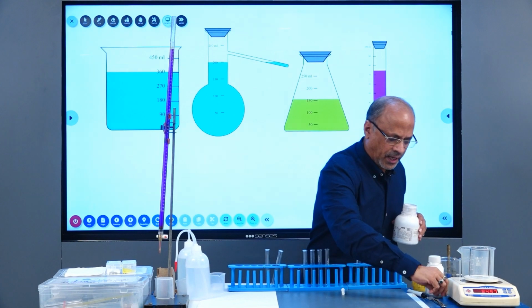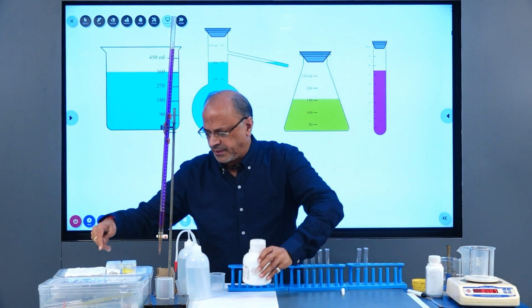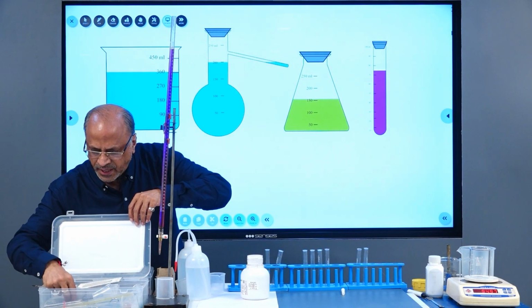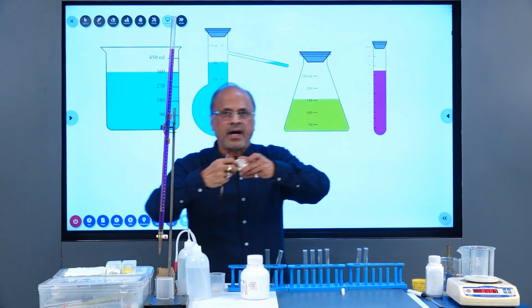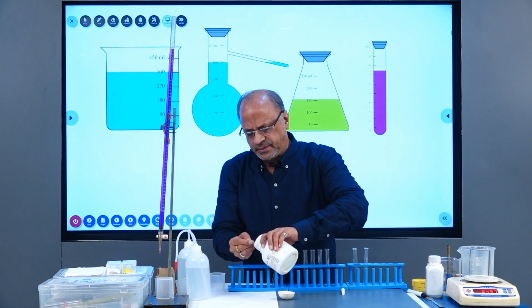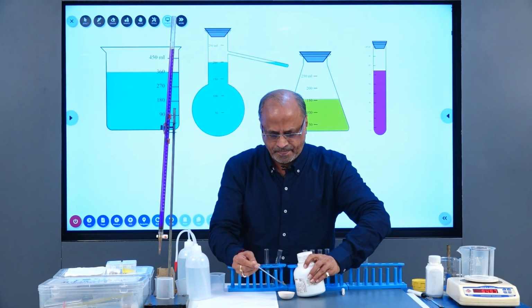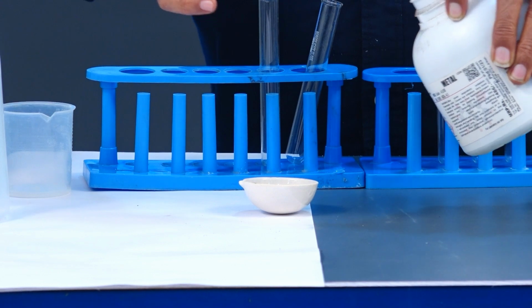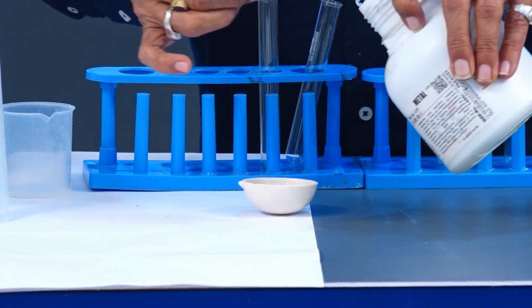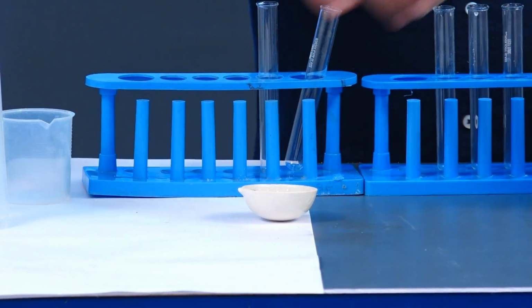Let me take up the iron powder and keep it in a china dish. Okay, I keep it in the china dish. Please wait, see here. Iron filings I am putting here in the china dish.